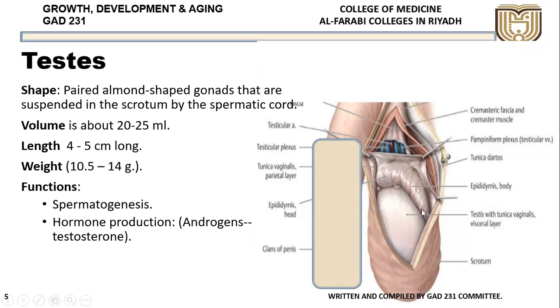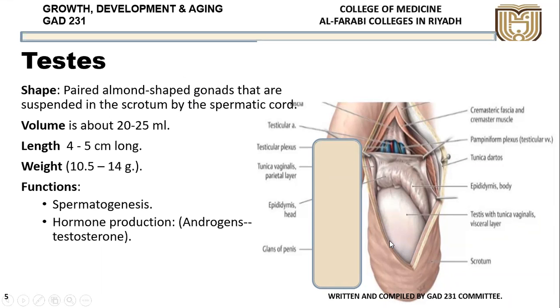As you can see here, it is almost oval in shape. Gonad means the testis and the ovaries; the testis is called the male gonad and the ovary is called the female gonad. So gonad is a common term for the primary sex organs.